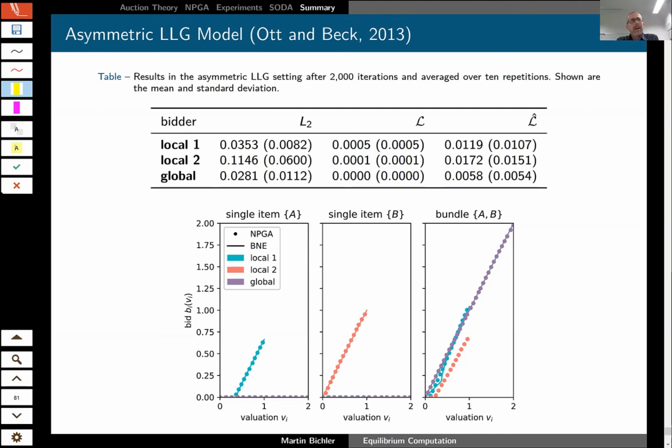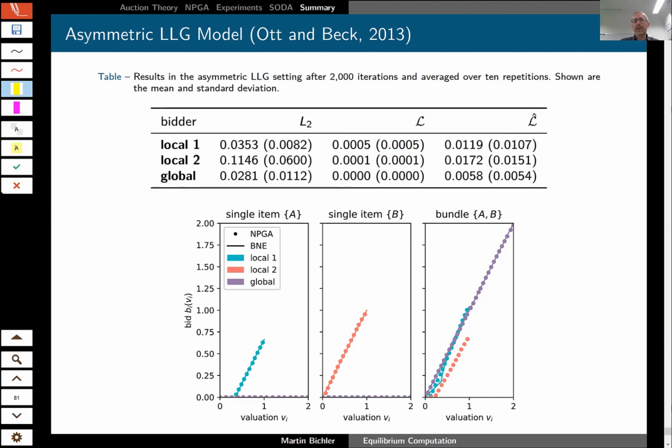But maybe a much easier environment, and that goes back maybe to Peter's comment, is games or auctions that are played much more frequently. Yeah, absolutely. And if you look at display auctions, this is a huge market, and there are so many of these games being played, and I think a myopic bidder that essentially just follows his gradient is maybe a reasonable prediction of what is being done in practice.